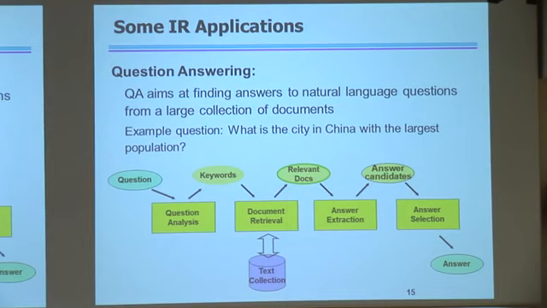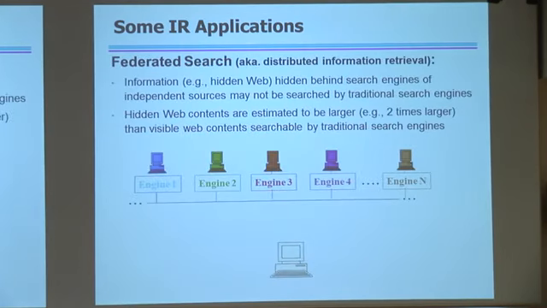After that, we utilize some answer extractors to extract possible answers or answer candidates from the relevant documents. And the final step, which is one of the most important steps, is answer selection. We want to select the most useful answers from the candidates as the answers to the user questions. So this is question answering.